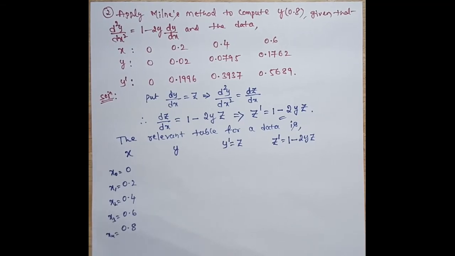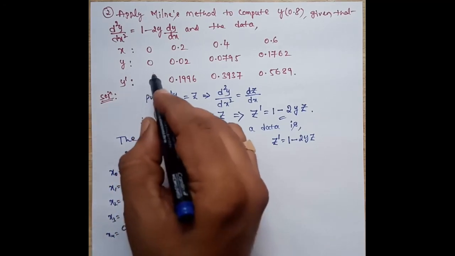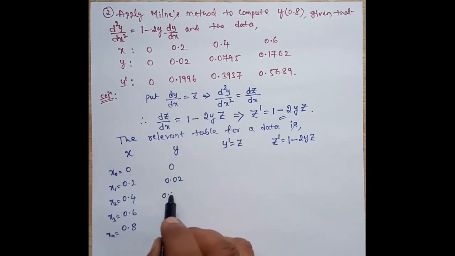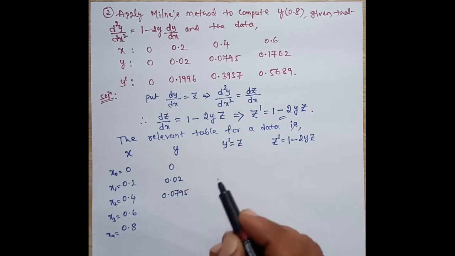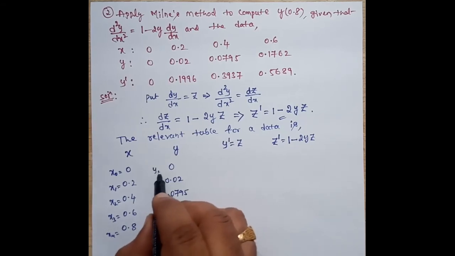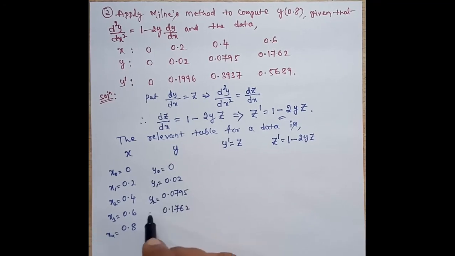Now the corresponding y values are 0, 0.02, 0.0795, and 0.1762. I can take these values as y0, y1, y2, y3, and y4 is unknown, so that we have to calculate.